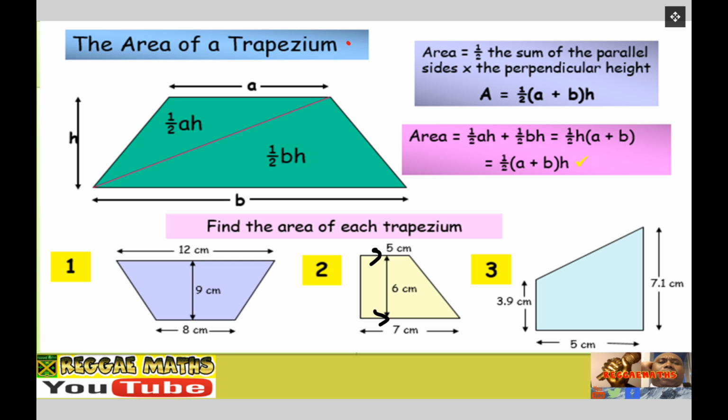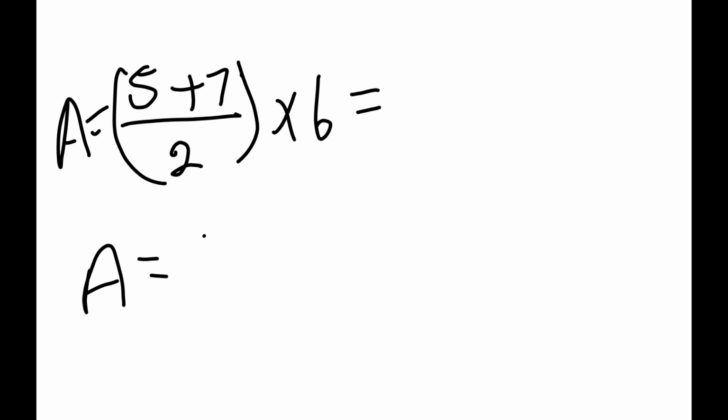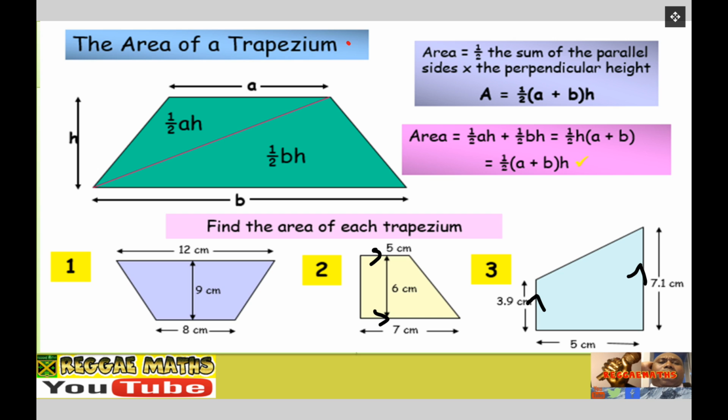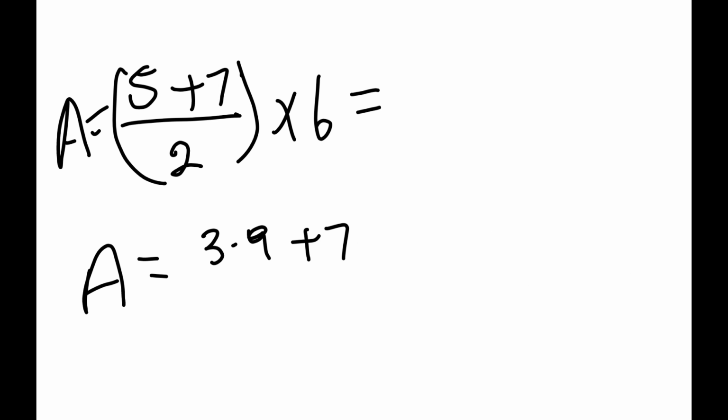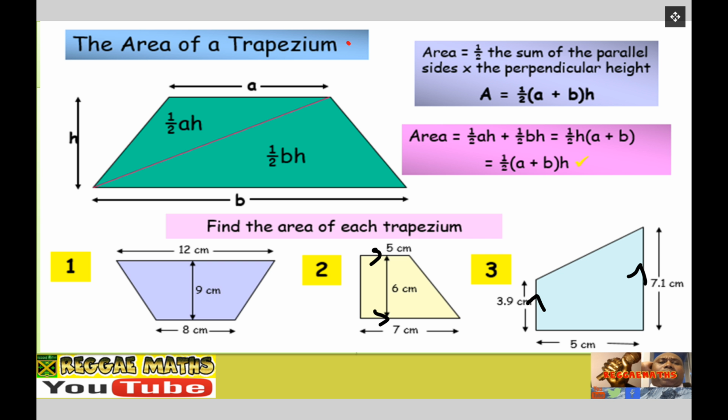So this one, you got the perpendicular height again, which is 3.9. 3.9 plus 7.1 divided by 2 times by 5.